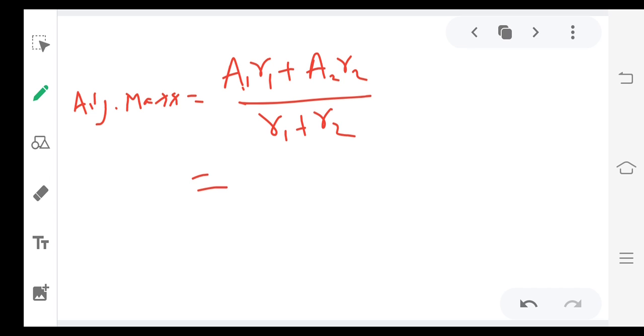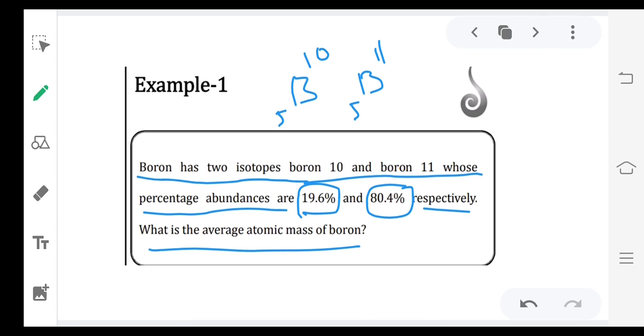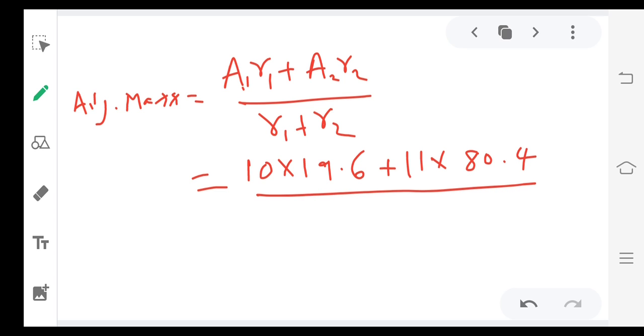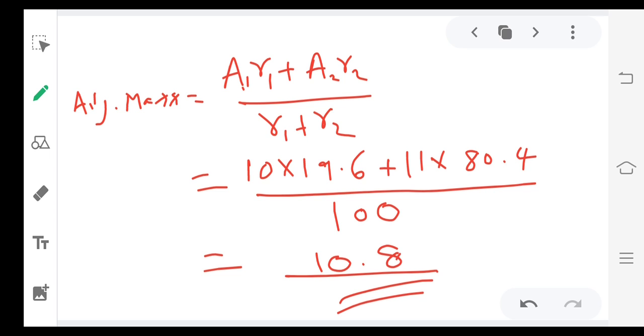If there are more isotopes, you can extend the formula. What is the A1 value? A1 is 10, A2 is 11, R1 is 19.6. So 10 into 19.6 plus 11 into 80.4, divided by R1 plus R2, which is 100. No doubt total abundance must always be 100. If you simplify this, you will get average atomic mass of boron as 10.8. So thank you.